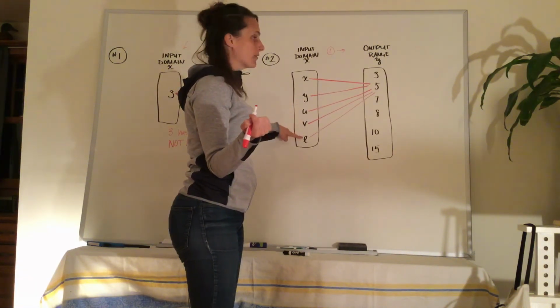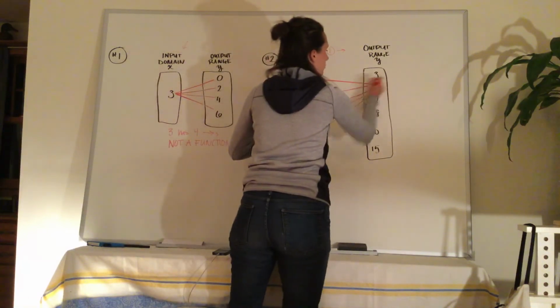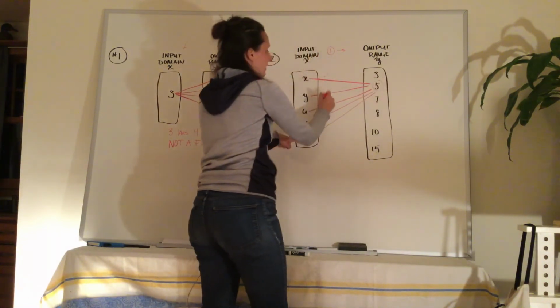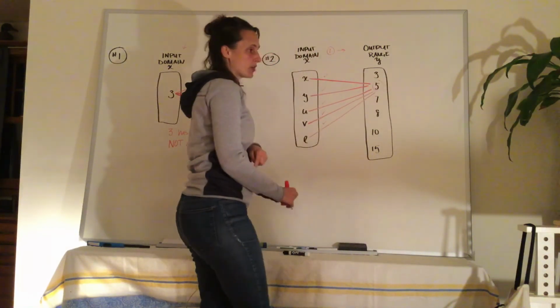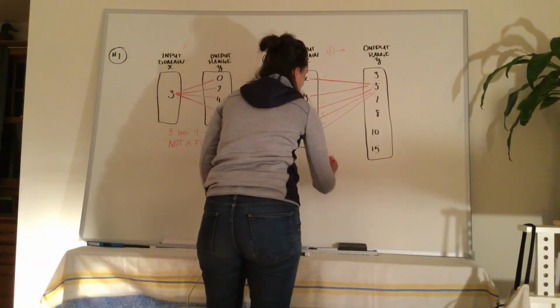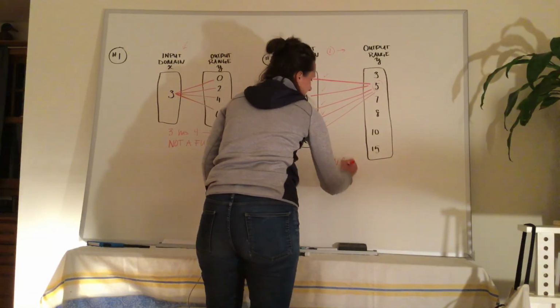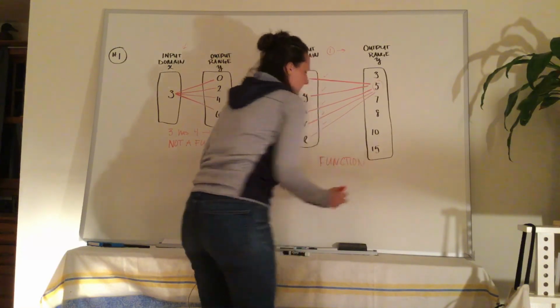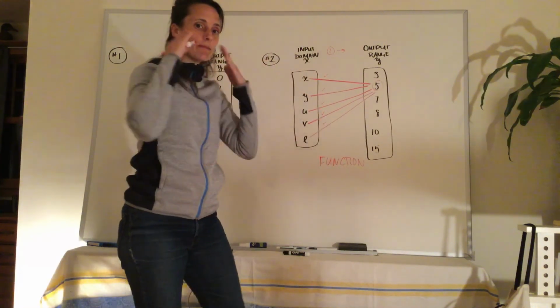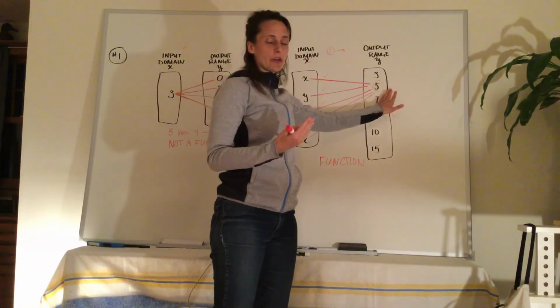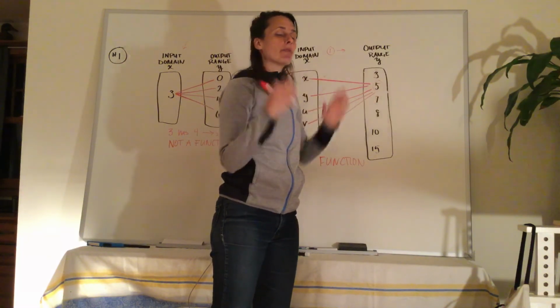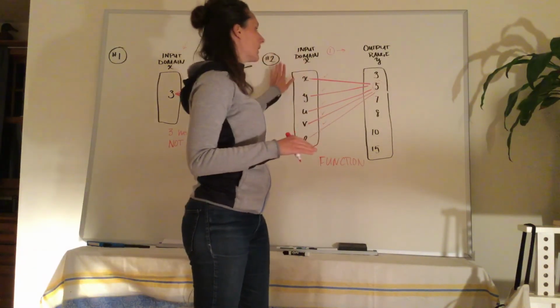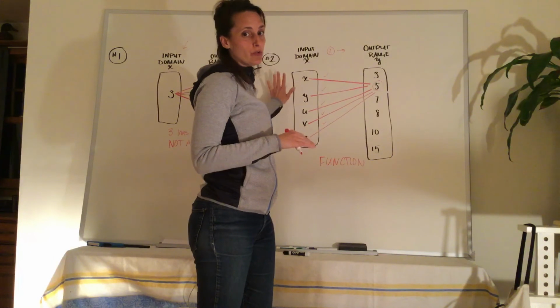V and L are the same. All of them are going to the 5, but they all pass that 1 arrow check. So this is in fact a function. It does get confusing because immediately you see one value has more than 1 arrow. However, we always want to make sure that we're only reading it from the input, the domain.